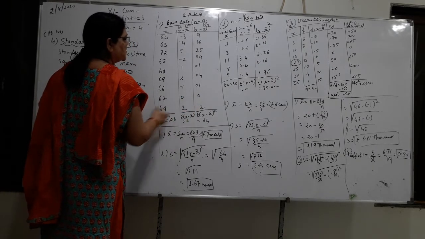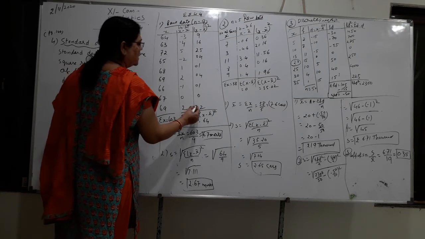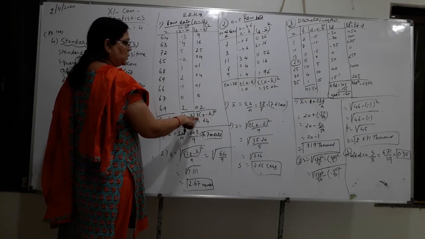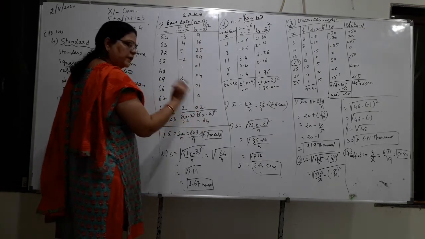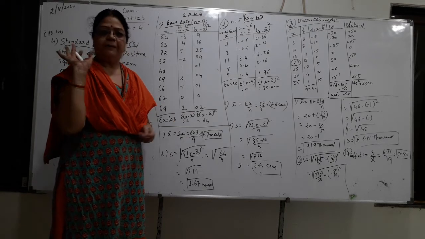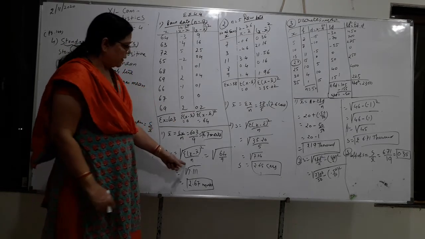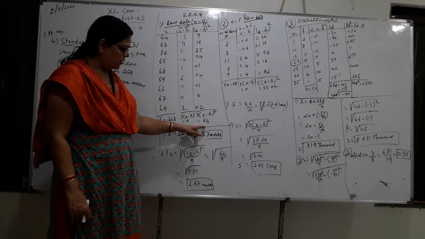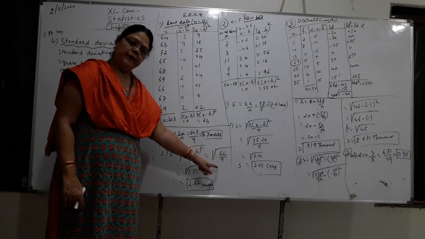So this is your x minus x bar square, and sigma means total. The total of all this you will get is 64. Very easy. You have to remember only the formula. So now S equals under the root, sigma (x minus x bar) square, which we have already found out, 64 upon 9.